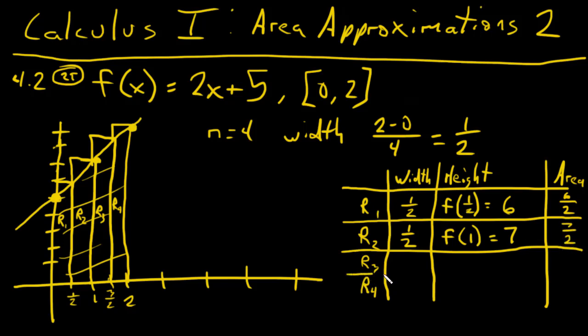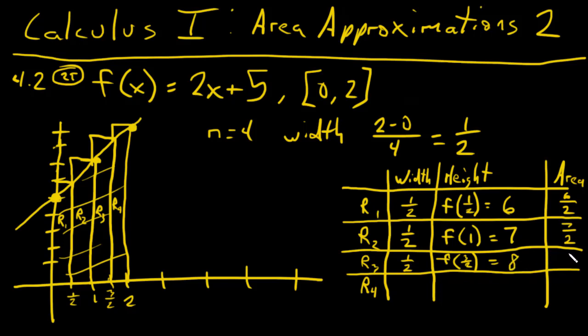There I go to R3. For R3, 1/2 is the width. I'm going to feed in 3/2. When I do that, I'm going to get 2 times 3/2, which is 3, plus 5, which is 8.